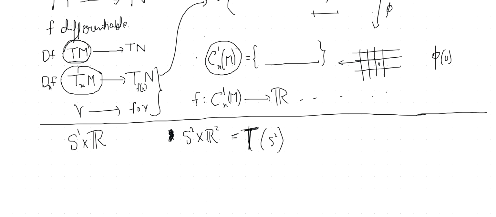I don't know. This is S2 cross R2. I don't know how to visualize it. That's the problem. That is why we need mathematics. It is in some four dimensions.